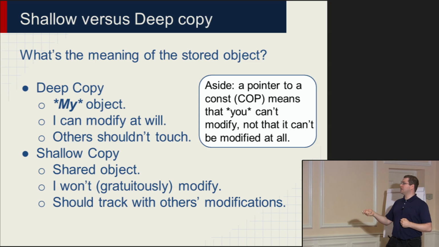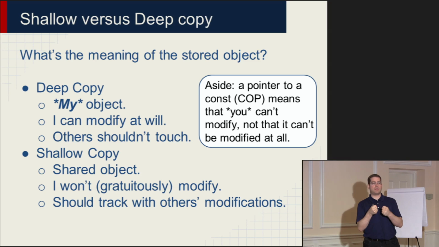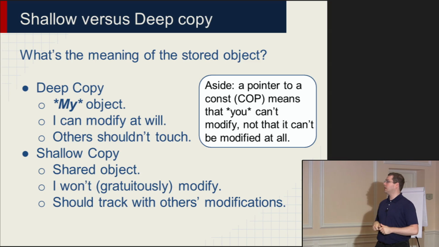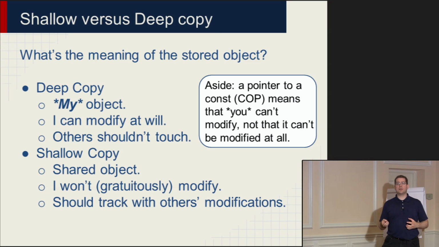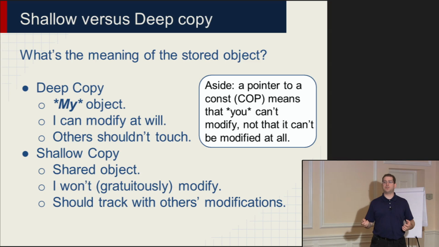And if you do the deep copy semantics properly, the others shouldn't touch it is actually enforced by the compiler. You have this private member variable, and then only you can have access to it, and no one's going to change or modify it without you knowing about it. A shallow copy, on the other hand, is good in those instances where you have a shared object.